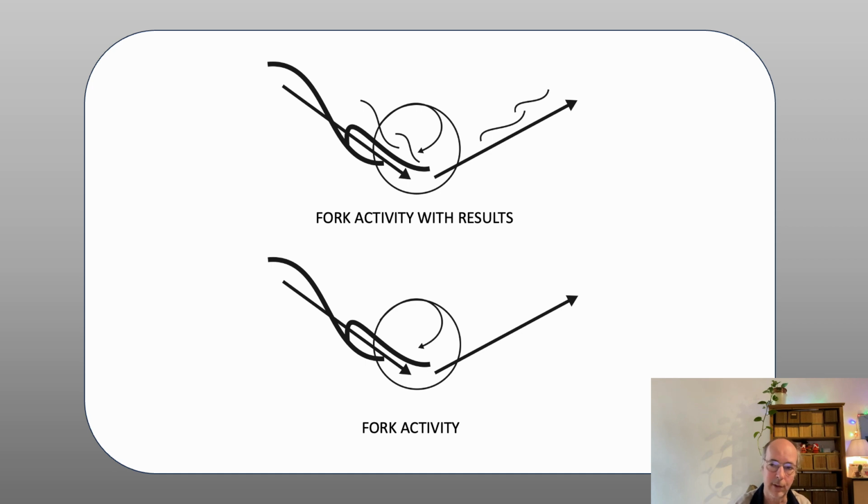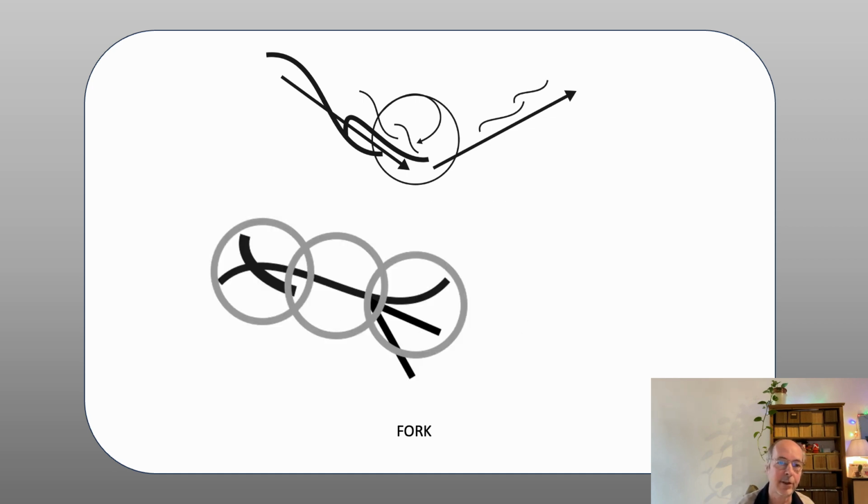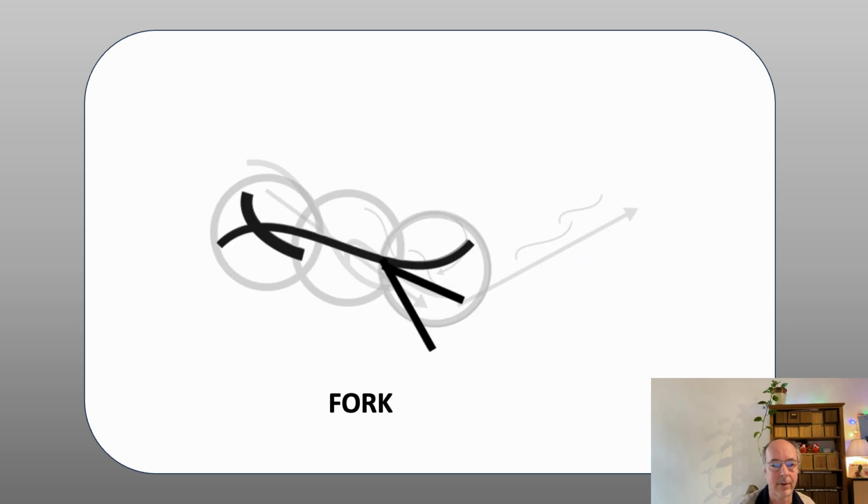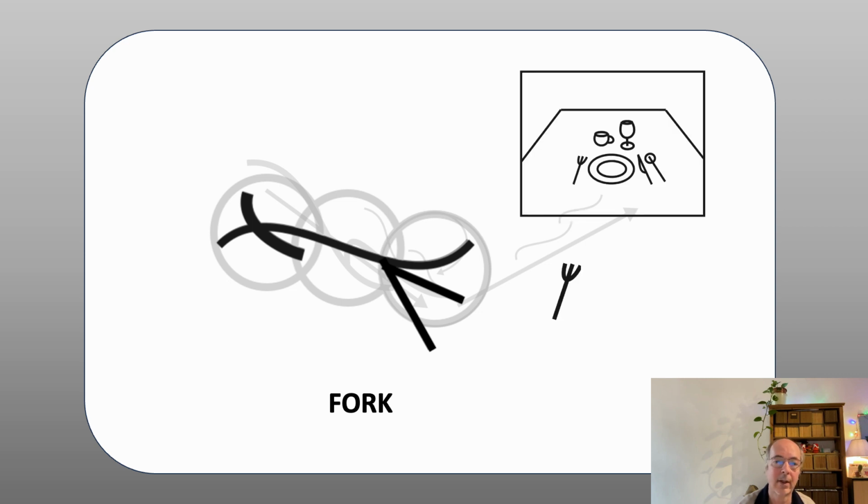The fork is doing that. The object itself was quite easy to understand. The activity itself is of course more complex, but we understand it when we associate it with the real thing. Anyhow, the fork is recognizable.